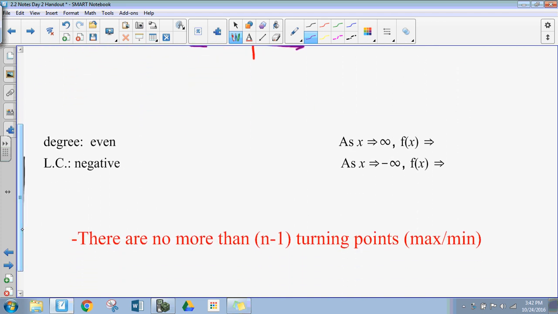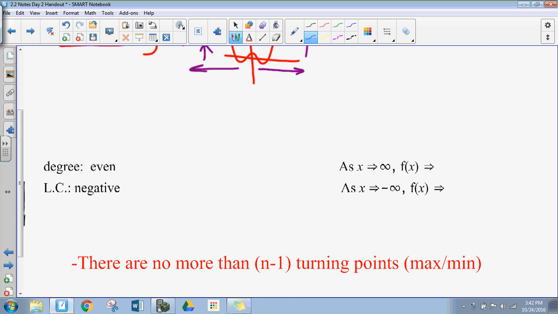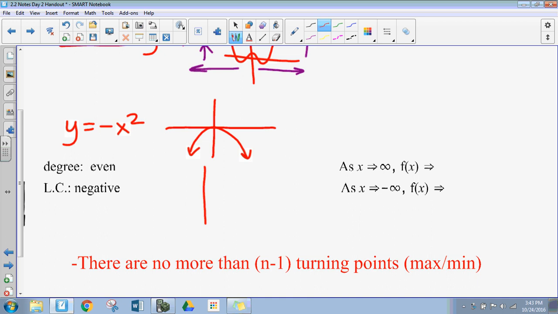Okay, so think about the equation of an even degree that's negative. So like negative x squared would be an even degree with a leading coefficient that is negative. So that is a reflection over the x-axis. So that would be the graph of that function.